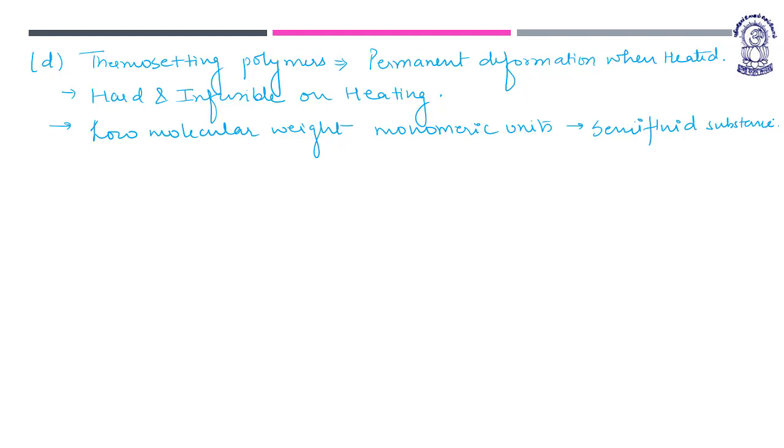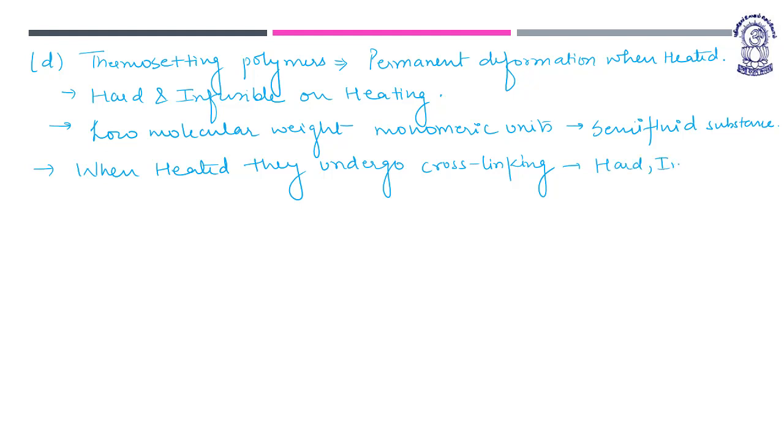Whenever they are heated, they get highly cross-linked. Because of cross-linking, the permanent deformation takes place, and they become hard, infusible, and insoluble.